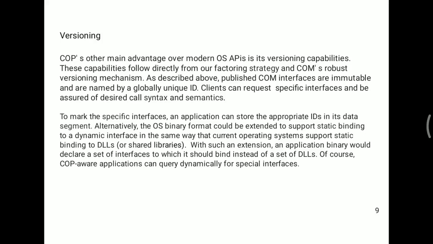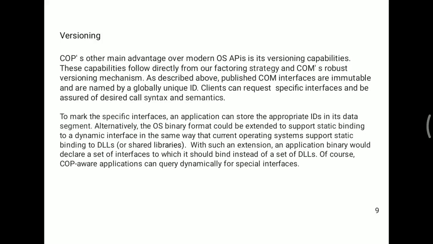Versioning. Versioning using a component-based API is COP's main advantage over modern OS APIs. Its versioning capabilities follow directly from COM's robust versioning mechanism. Published COM interfaces are immutable and are named by a globally unique ID.